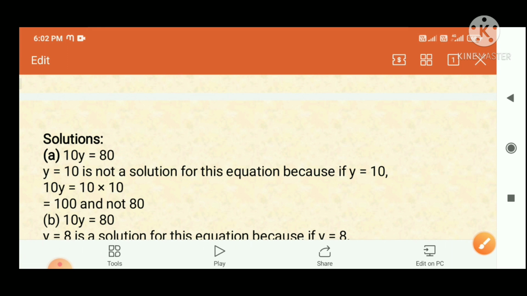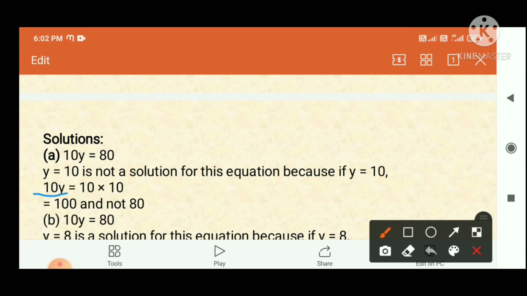So we first check the left hand side, which is 10y. 10y means 10 multiplied by y. So here we put the value of y as 10. 10 tens are 100. But here the right hand side of this equation is 80. So y is equal to 10 is not a solution for this equation, because if y is equal to 10 then we get 100.